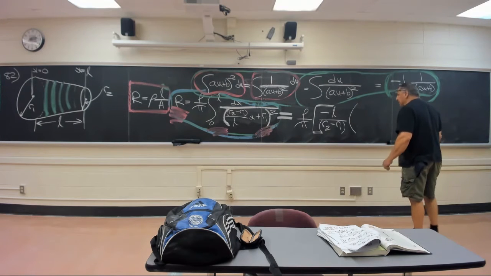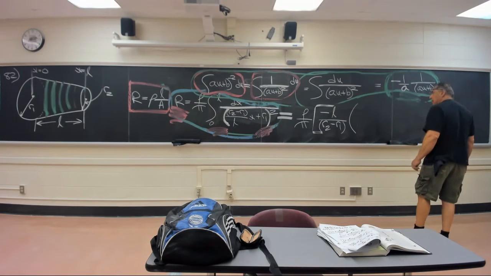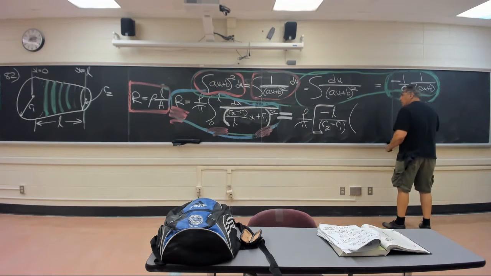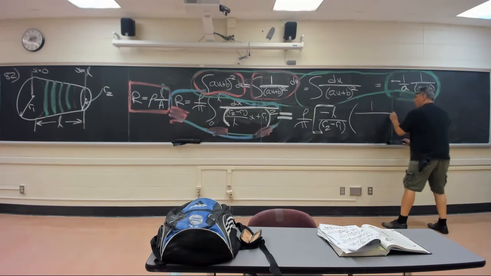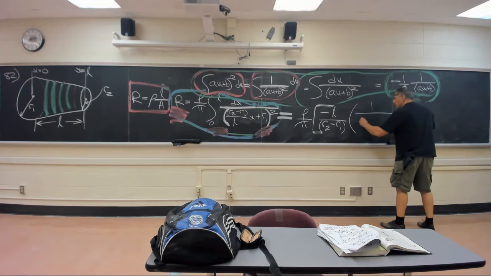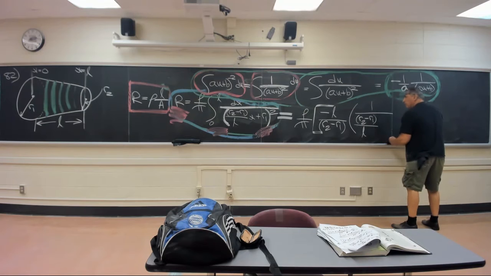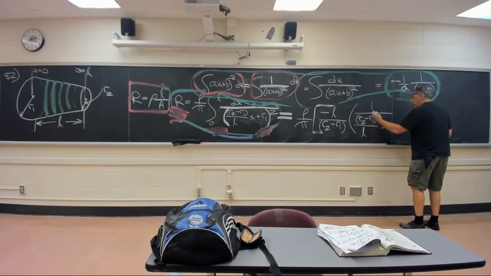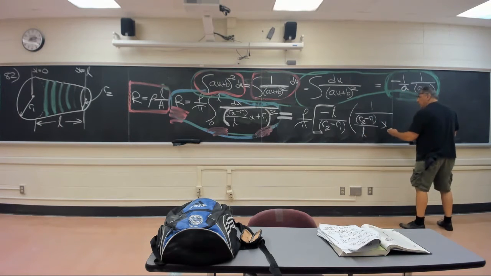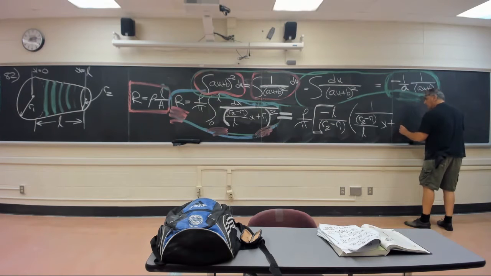The rest is basically right in front of us. What you're looking at is 1 over, here's your A, here's A, here's U. I mean, here it is.